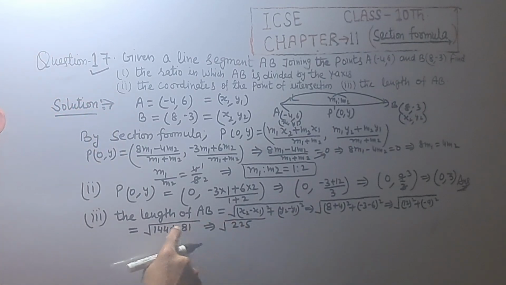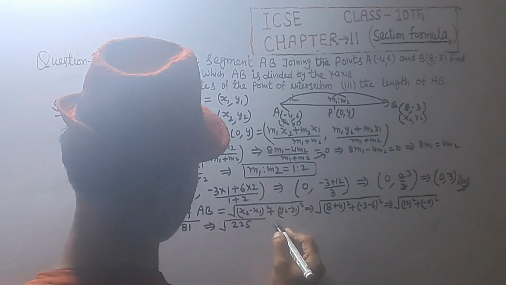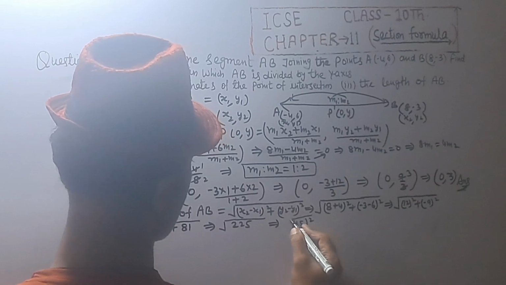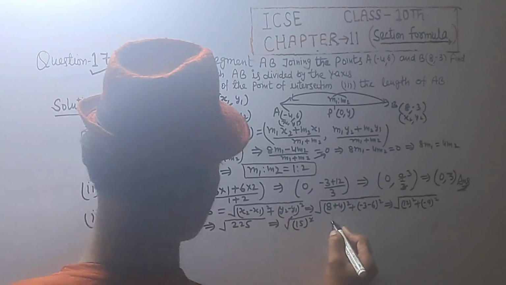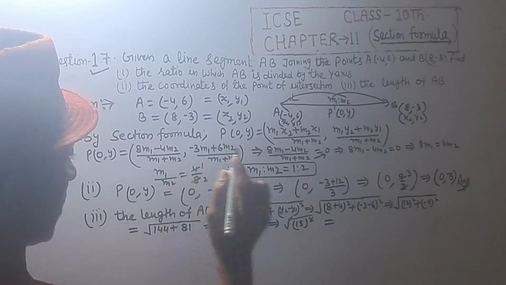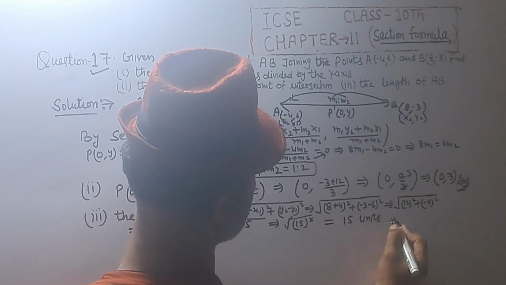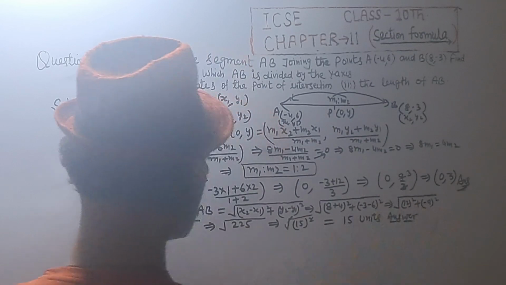That is root 225, which implies 15 raised to power 2, and root of 15 square is 225, and we get the length of AB is equal to 15 units. Answer.